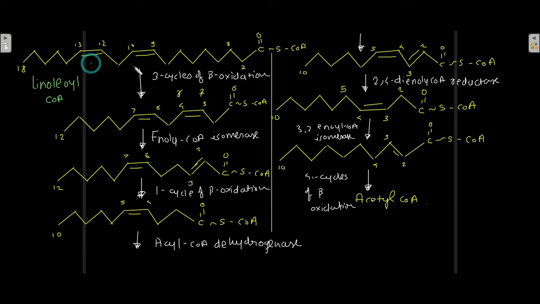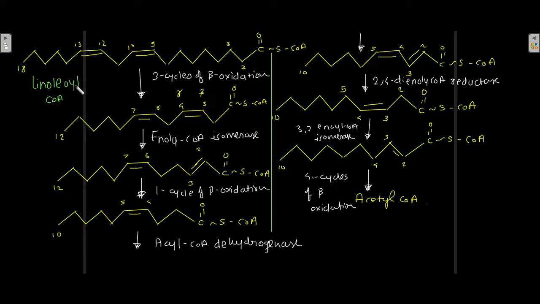You start with this polyunsaturated fatty acid, that is linoleoyl coenzyme A. There are two double bonds: between the 13th and 12th carbon there is a double bond, and between the 9th and 10th carbon there is a double bond.